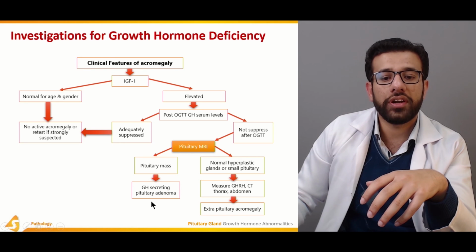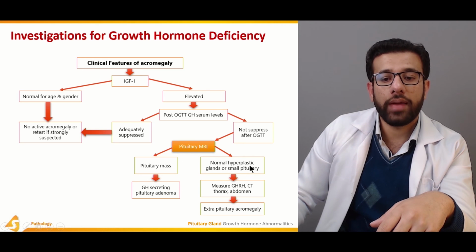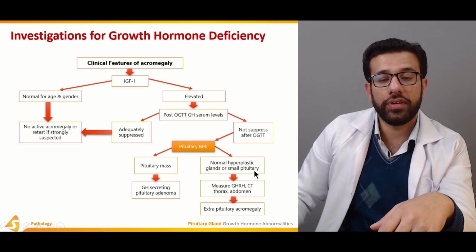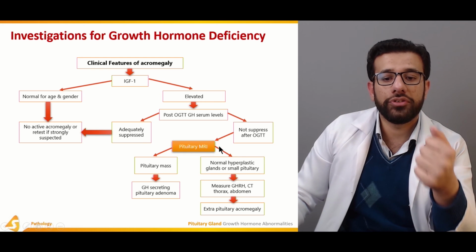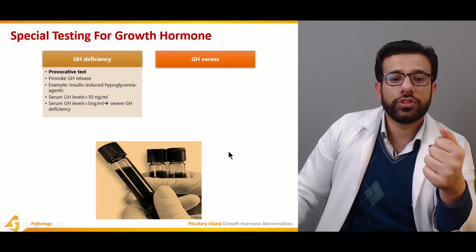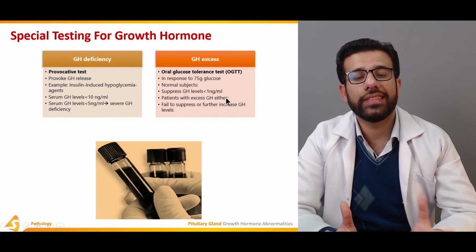The growth hormone secreting pituitary adenoma will also be diagnosed on the pituitary MRI. Then there is the normal hyperplastic gland or the small pituitary. All these things can be assessed under the pituitary MRI. So special testing for the growth hormone, this is just the repetition.